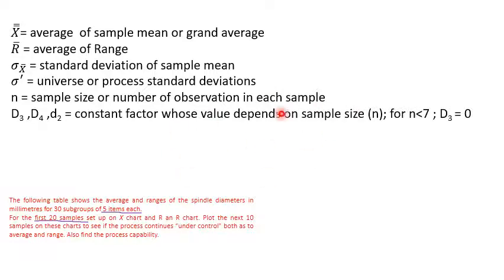Here in this question, the sample size is given as 5, so n is equal to 5, and for n less than 7, capital D3 is equal to 0.